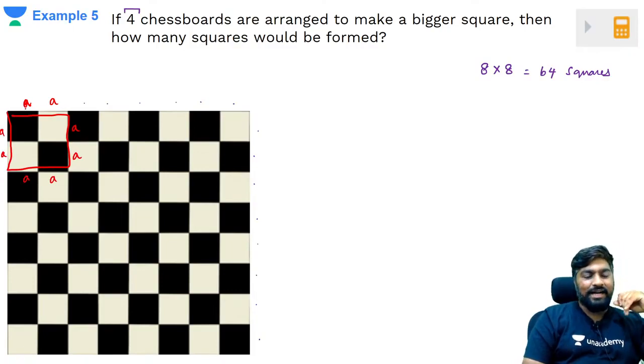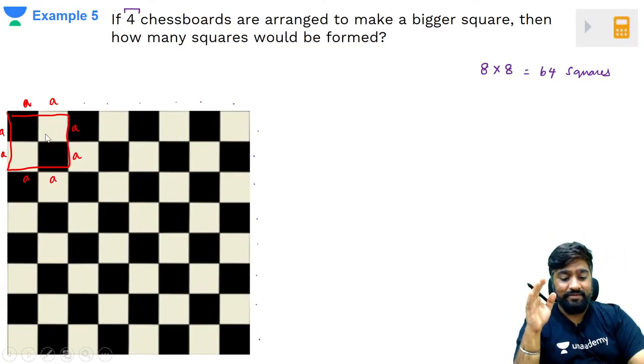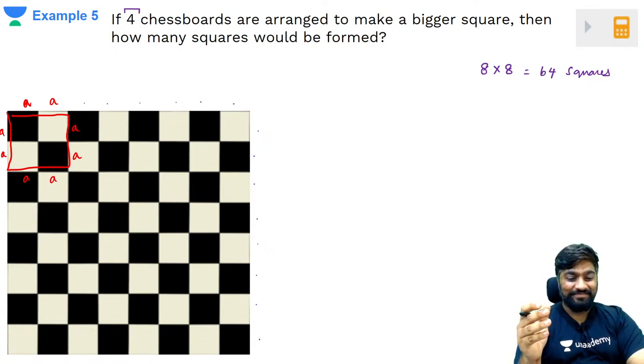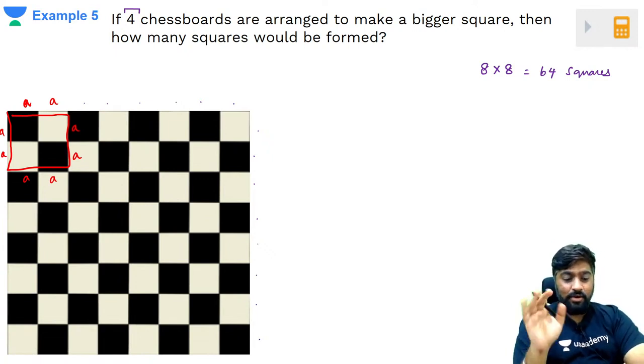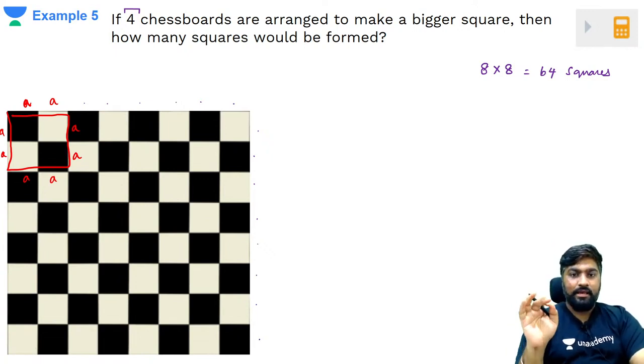Yes. So ultimately, where do we stop? We can't really stop just like this, right? So now there'll be 2 cross 2 squares, then there'll be 3 cross 3 squares, 4 cross 4, 5 cross 5, 6 cross 6, 7 cross 7, 8 cross 8. Yes. So go ahead, think of a logic.